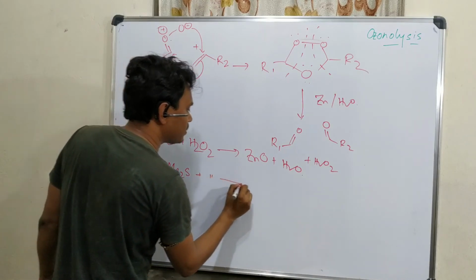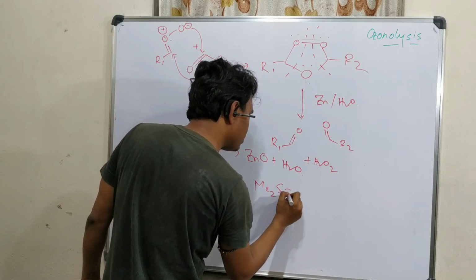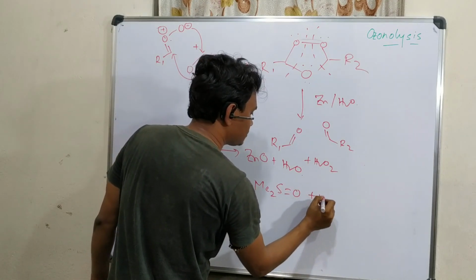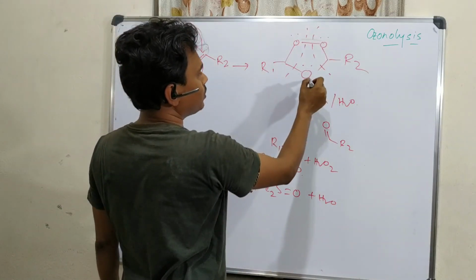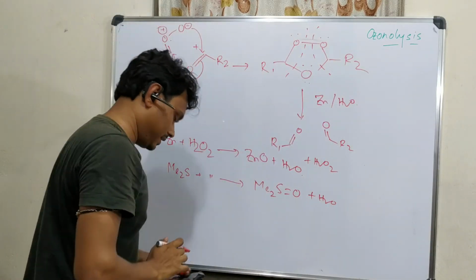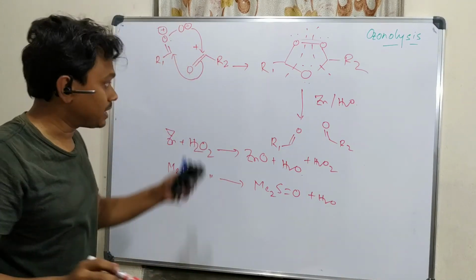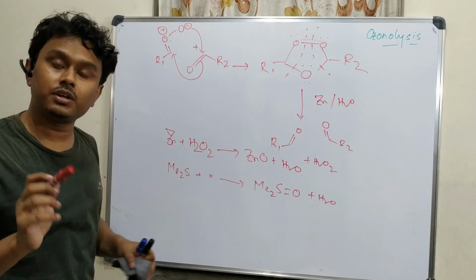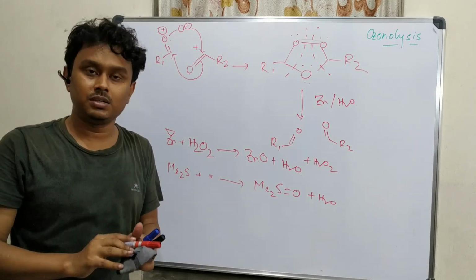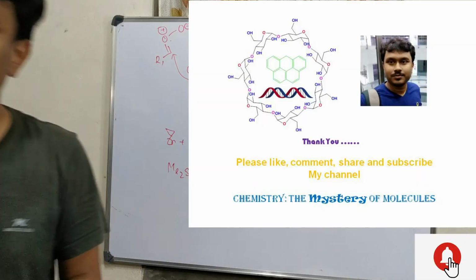It reacts with hydrogen peroxide to produce dimethyl sulfoxide, that is DMSO, plus water. Okay, so actually what is happening? This is broken to produce the aldehyde. So I shall stop this discussion here. In the second part I shall explain how this is happening, the role of every reagent, and finally alkyne ozonolysis. So I suggest you see the second video also.